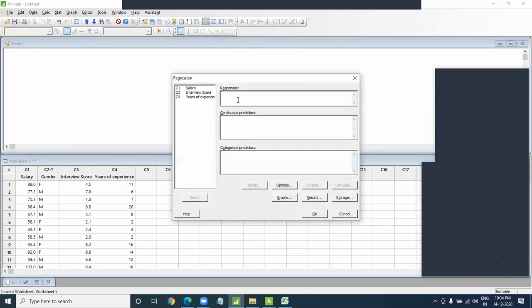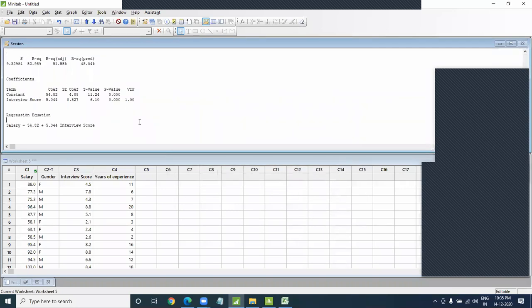Now responses is where my y will come, continuous predictors is where my numerical x's will come, and categorical predictors is where my categorical, the text-based x's will come. So one x at a time is what we're doing. Salary is my y. Let's check with the numerical x's. We have interview score and we've got years of experience. So let's use interview score, the impact of interview score on salary. Let's click OK.